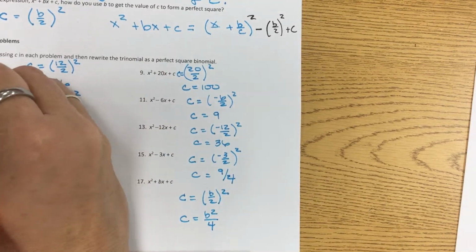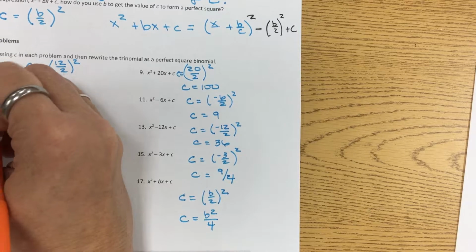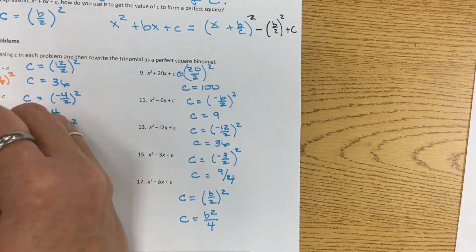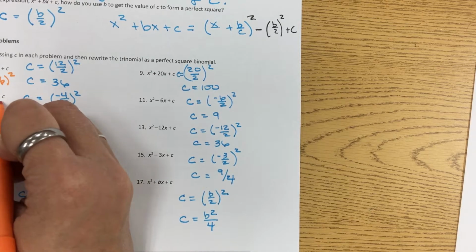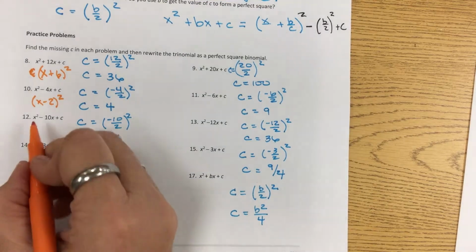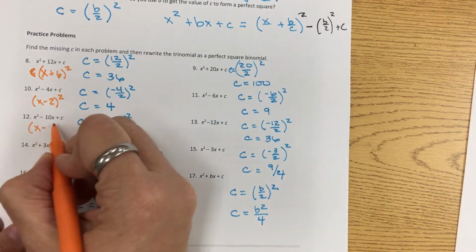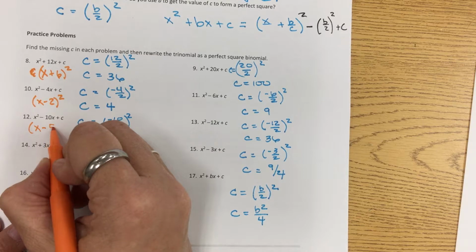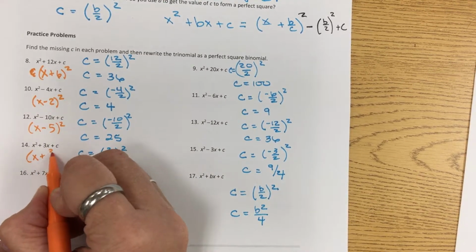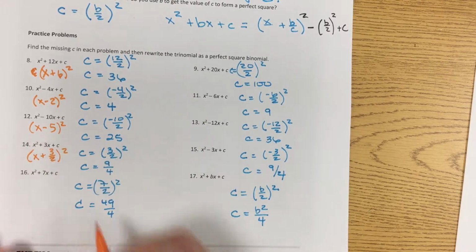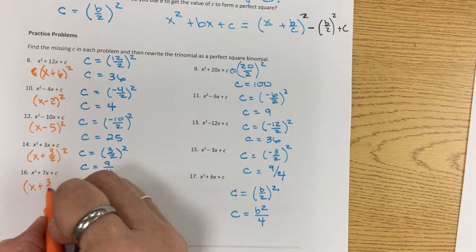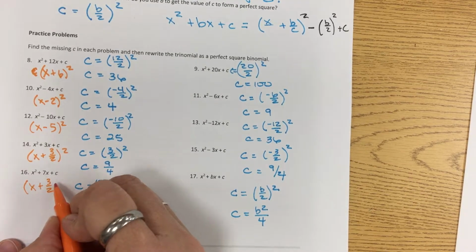We're going to take x plus 6 squared. X minus 2 squared. How am I getting that number? I'm dividing the b value in half. X minus 5 squared. X, a fraction, I know, horrendous. X plus 3 over 2. Why did I write 3 over 2?